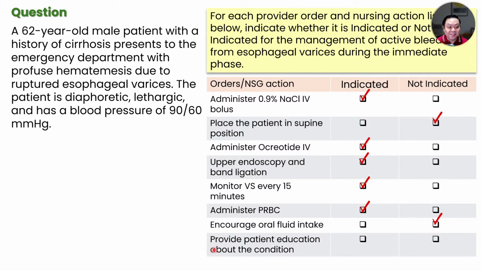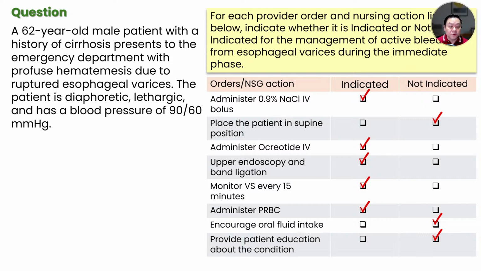Now, lastly, we have provide patient education about the condition. Well, during the immediate phase, this is not appropriate or not indicated. You can do this once the patient is more stabilized, when there is more readiness. We know that education is important, but not a priority during the active bleeding.